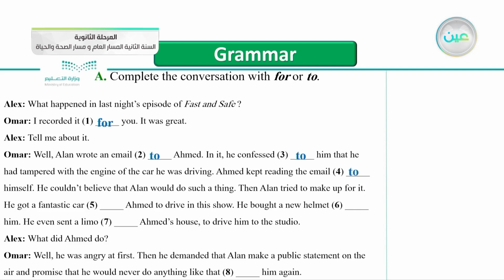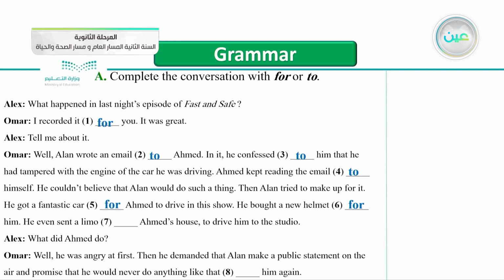So you could be the recipient of the verb. He couldn't believe that Alan would do such a thing. Then Alan tried to make up for it. He got a fantastic car, yes, for Ahmed as a help again. He bought a new helmet, yes, for him.